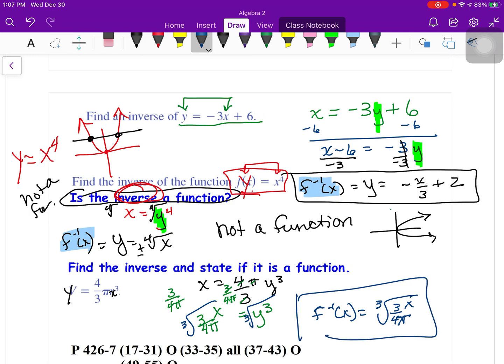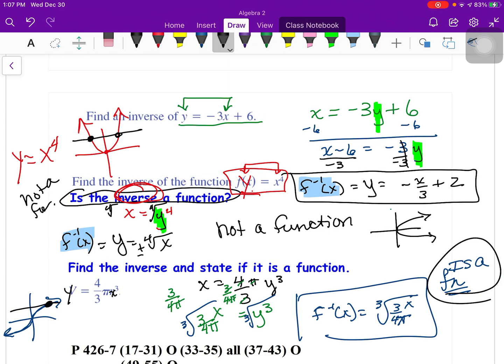And yes, that is a function. Because a cube root is like this. If I do the horizontal line test on it, it touches at just one spot. So it is a function.